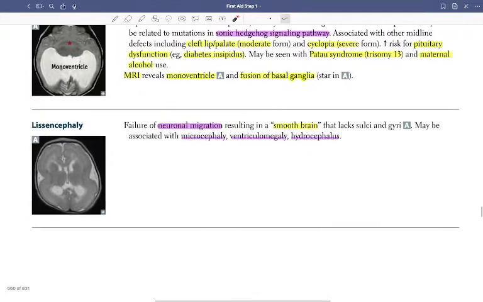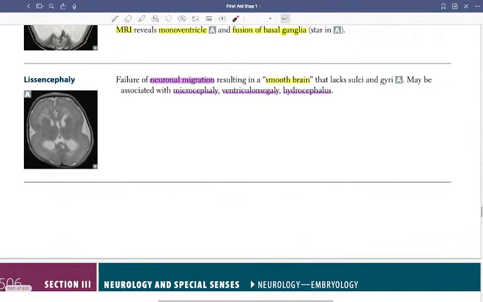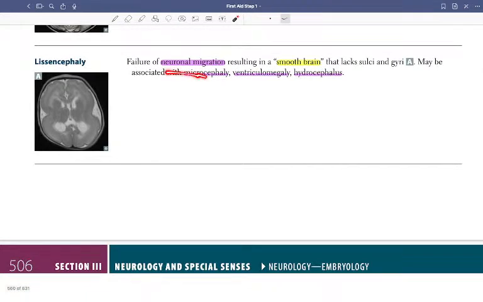Next, MRI reveals monoventricle, obviously, and fusion of the thalami because it did not divide. Next is lissencephaly. This was important. This is due to a neuronal migration issue: failure of neuronal migration, resulting in a smooth brain that lacks gyri.